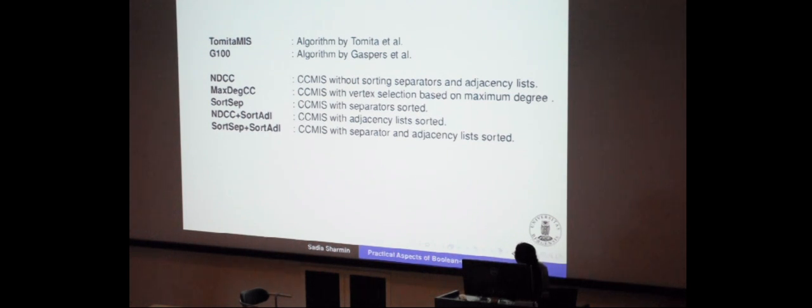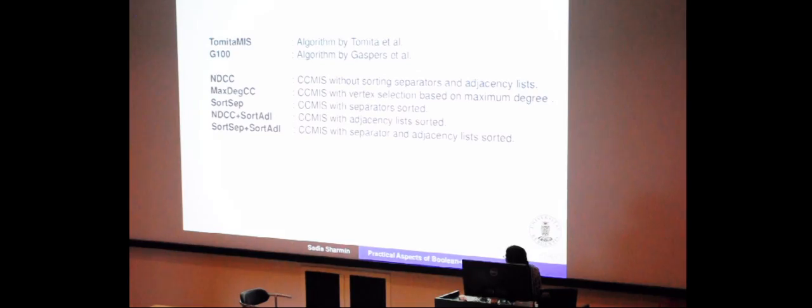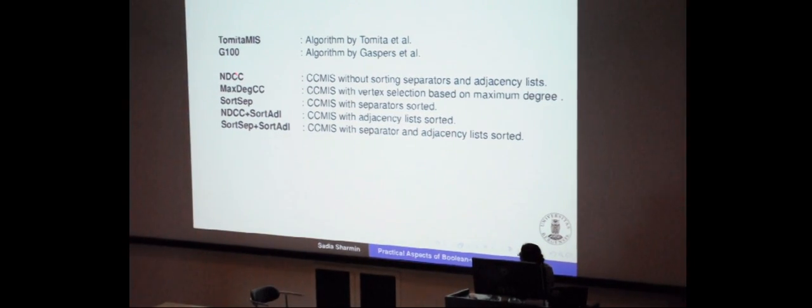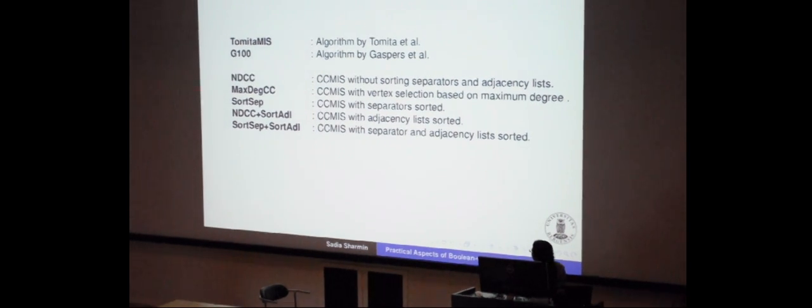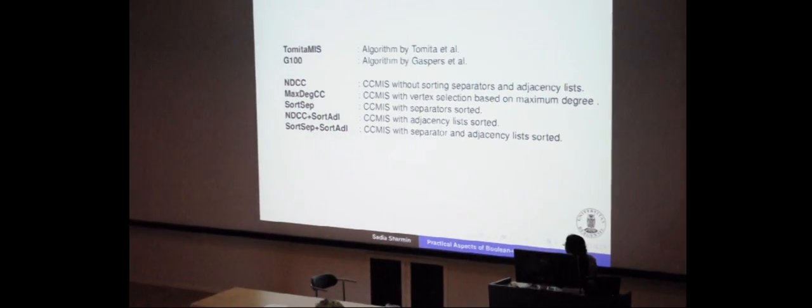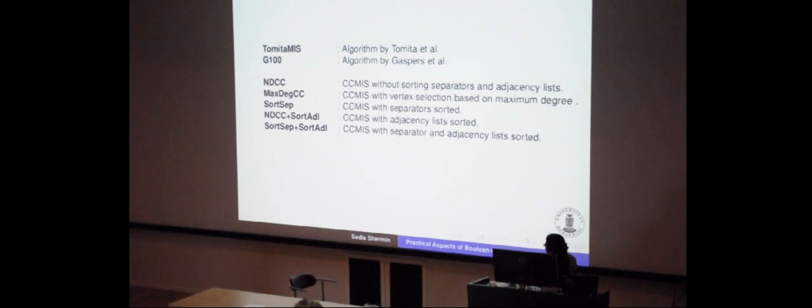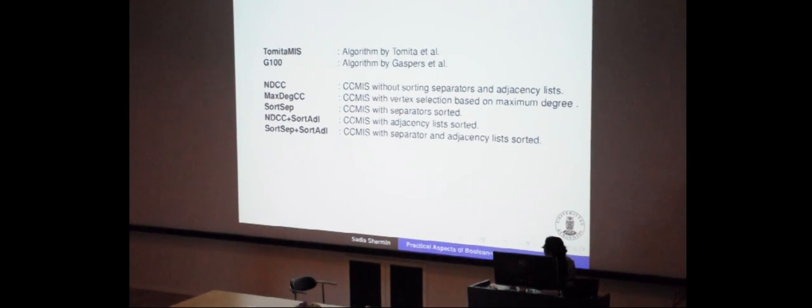So our different versions of the algorithm are like this. Nested dissection definitely indicates connected component checking, and nested dissection is just the ordering. So this will just follow the nested dissection ordering, and this next one will in each stage select the maximum degree vertex and check for connected components. The sorting separator is used together with the nested dissection ordering to sort each separator locally in the nested dissection ordering.